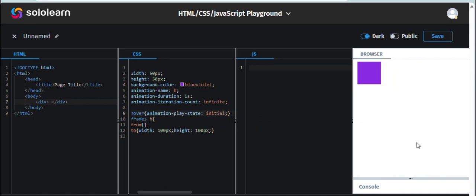What happens if we write initial? Nothing. I don't think these are real ones. So just stick to paused and running.